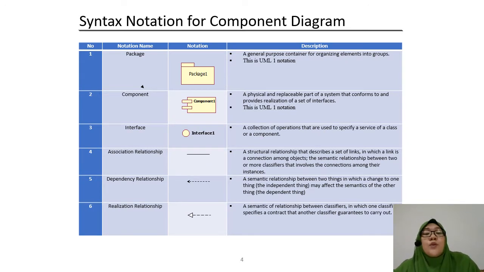So what are the notations for a component diagram? So we have a package. This is a UML1 notation, but now we have UML2.